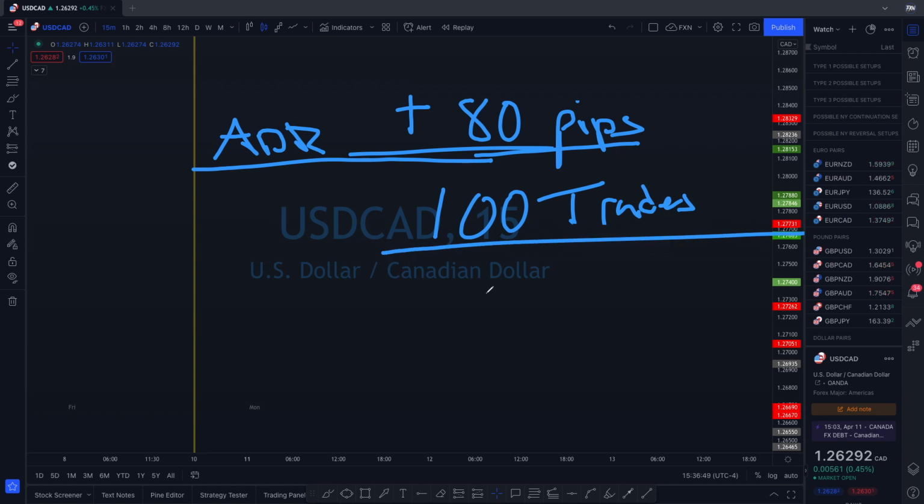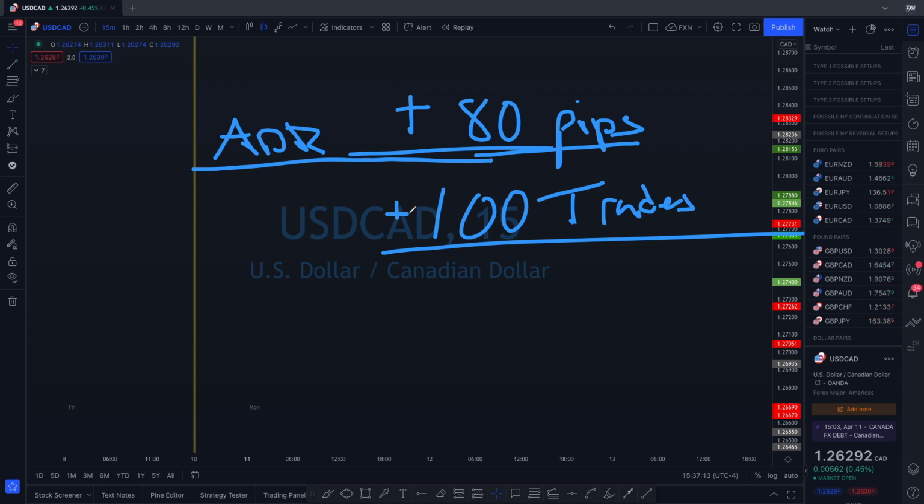Okay, so I'm doing 100 trades on each of those pairs. And the question that I'm asking myself within these 100 trades is, out of all these pairs that I take 100 trades on, which pairs am I most profitable in?